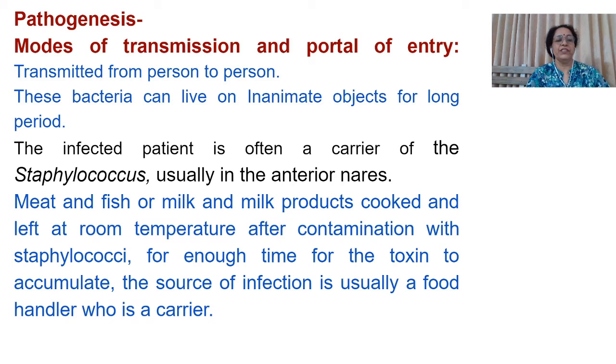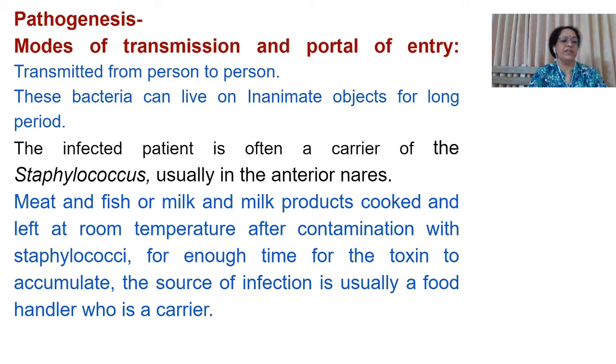The infected patient is often a carrier of Staphylococcus, usually in the anterior nares. So while handling food, there is a possibility of these microorganisms entering the food, that is, contamination may occur.